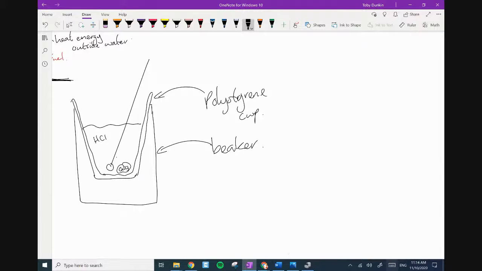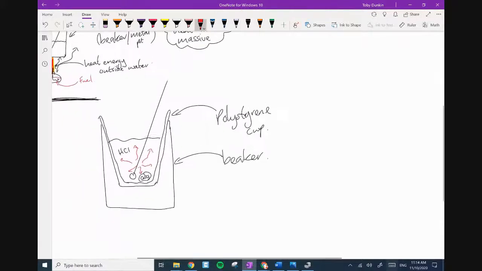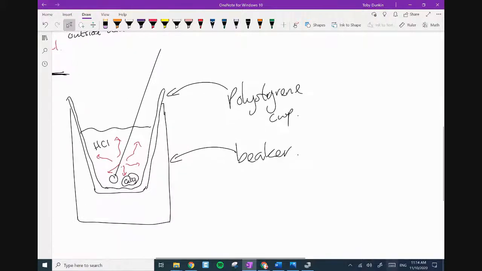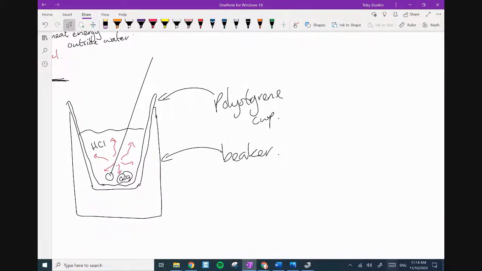Well, that reaction now, because the heat energy of the reaction is inside the water, has far less heat loss because it's already inside the water. So it's far better, much less heat loss.